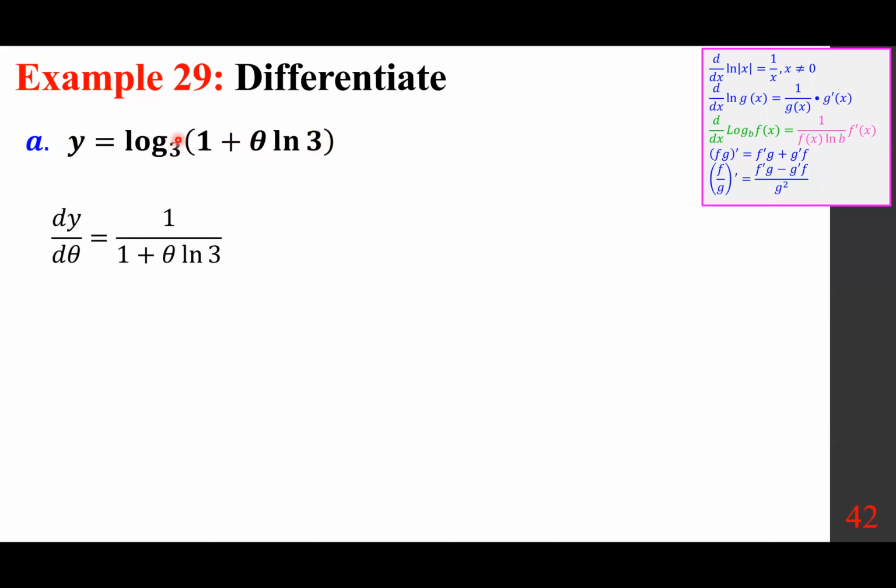You can multiply it by the derivative, which is ln 3, and then just 1 divided by the natural log of the base. The natural log of the base happens to be the same as that one, so it's ln 3 also. So we have 1 over ln 3 times ln 3.